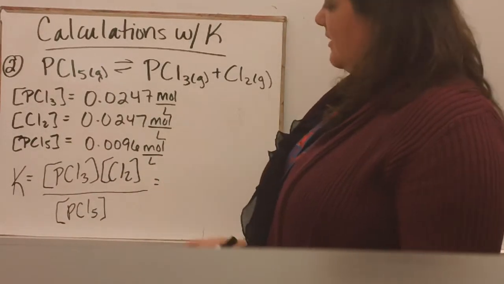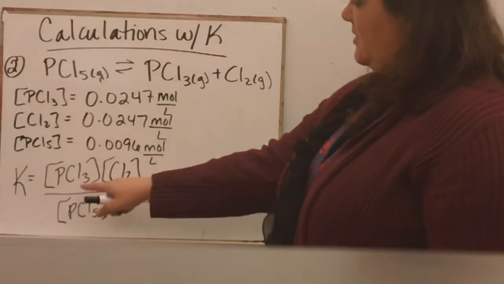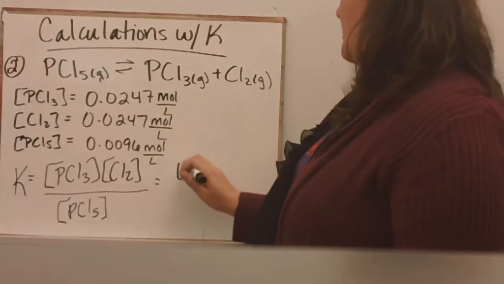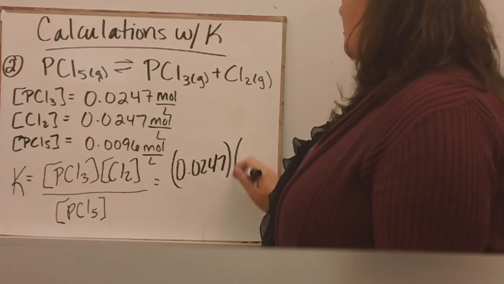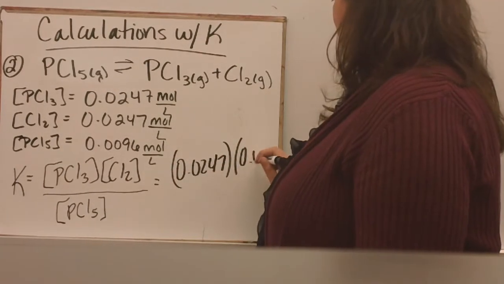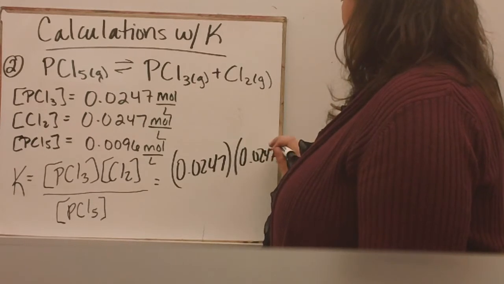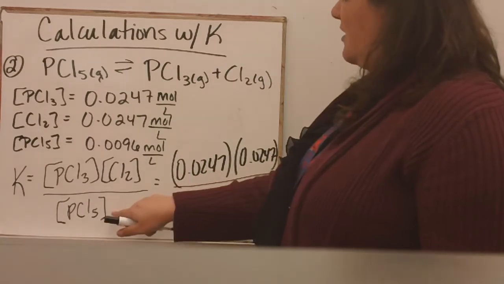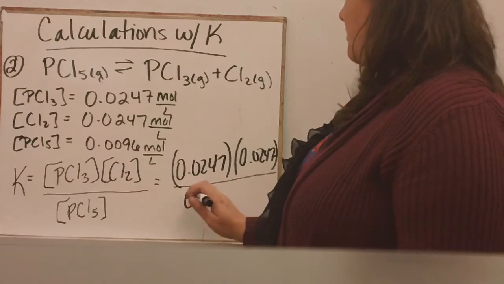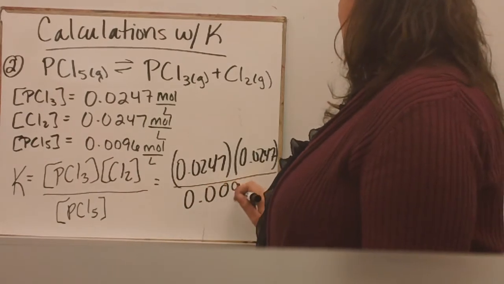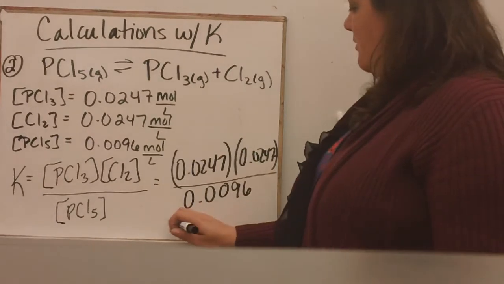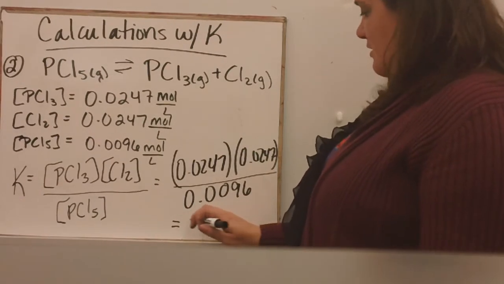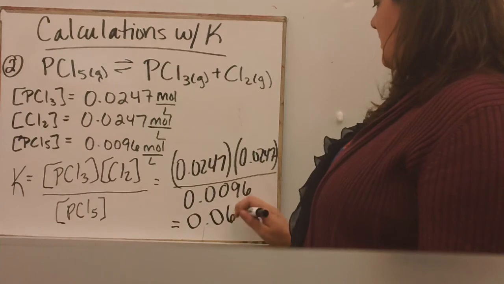And then we can plug in the values of the concentrations. PCl3, the problem told us, was 0.0247. Concentration for chlorine was also 0.0247. And that's divided by the concentration of PCl5, which is 0.0096. So we multiply and divide, and we simplify and find that our answer is 0.064.